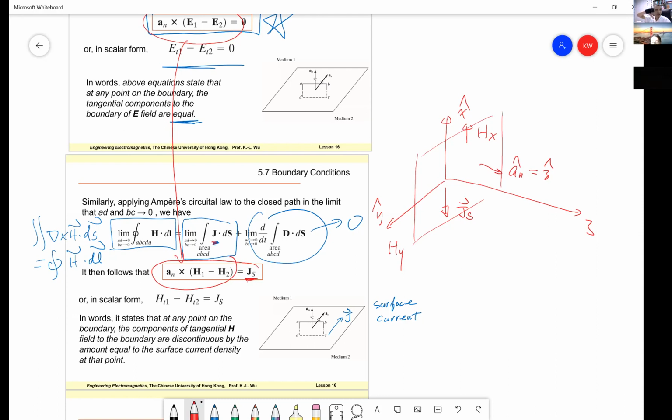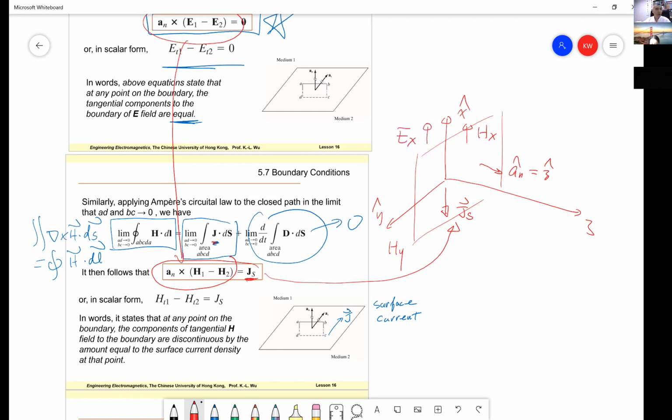It points to the minus X direction, right? That is why we need to have current flowing in the minus X direction.